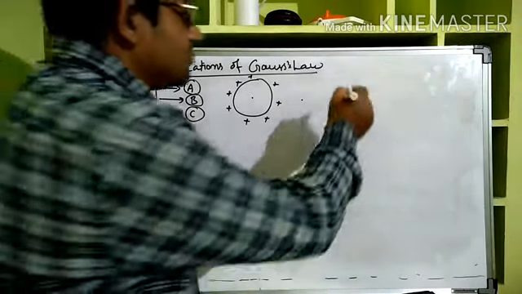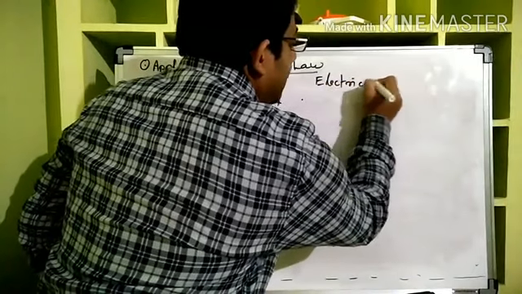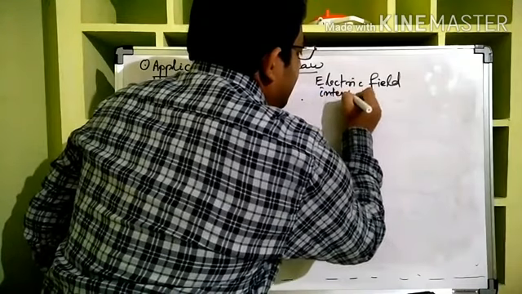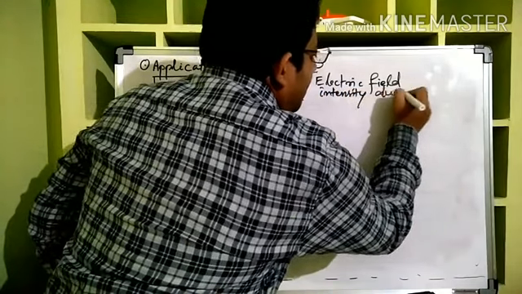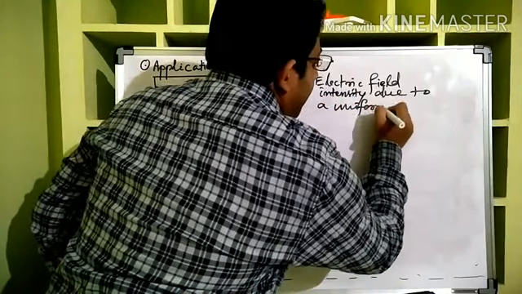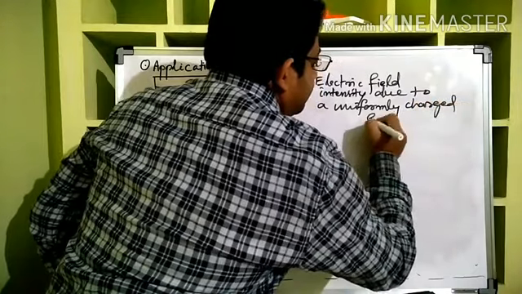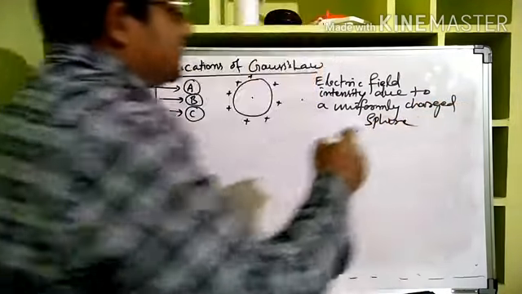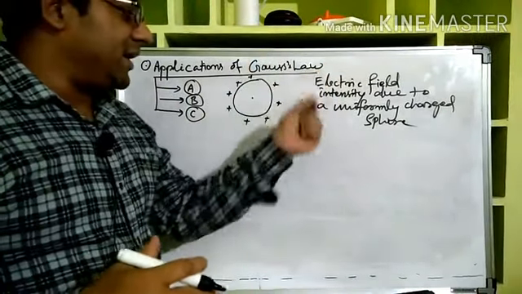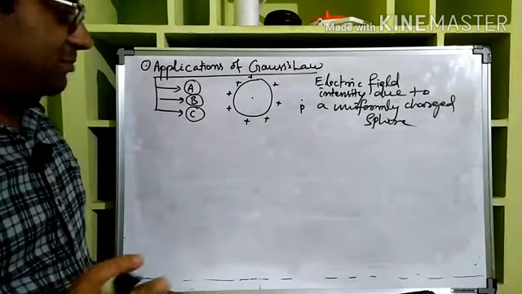So, electric field intensity due to a uniformly charged sphere. In a uniformly charged sphere, we'll apply the Gauss law and we'll calculate electric field at any point due to that uniformly charged sphere. This will be our first application of Gauss law.